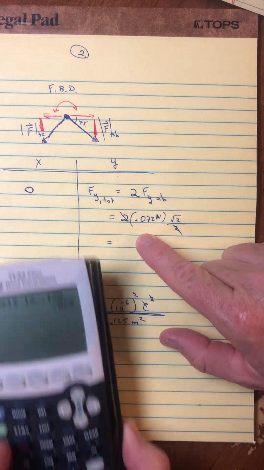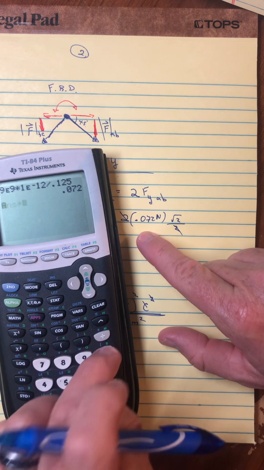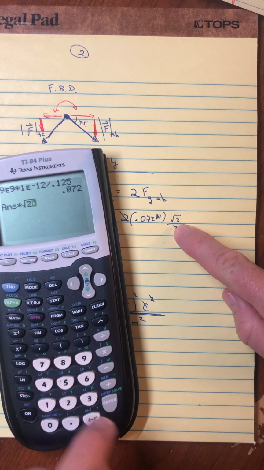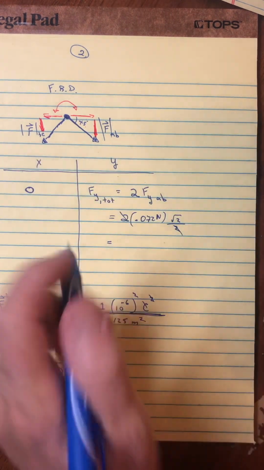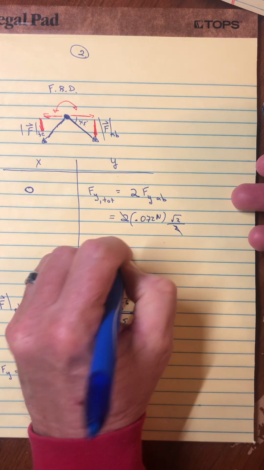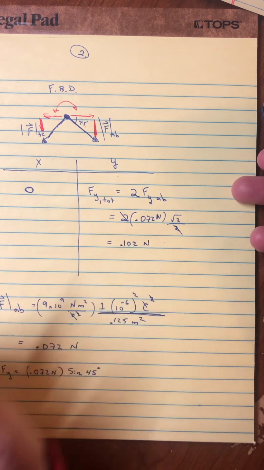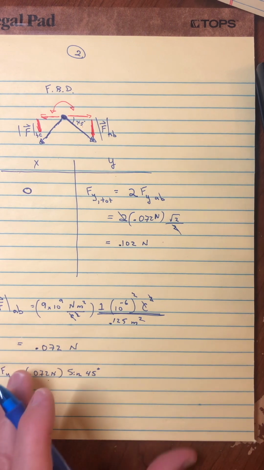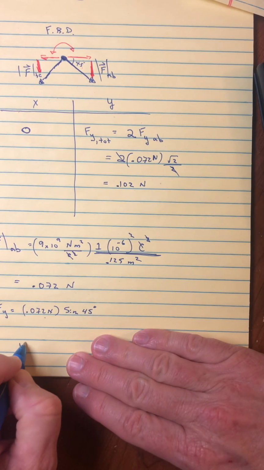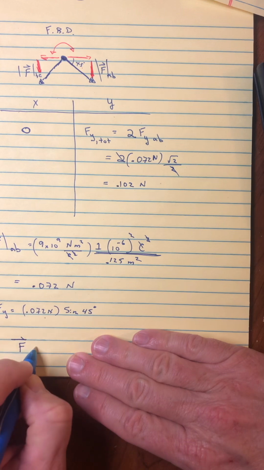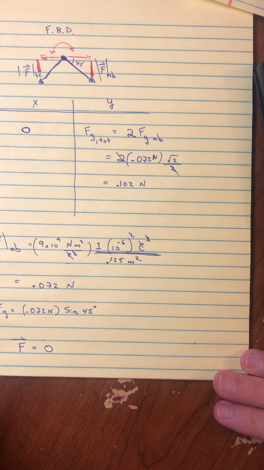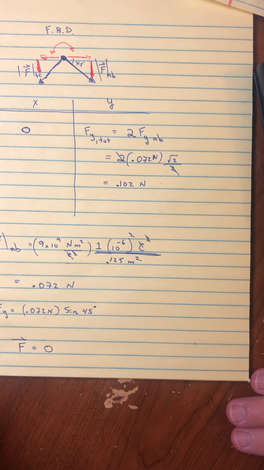And so to finish this, I will just take this magnitude and then multiply it by the square root of 2 and come up with 0.102 newtons. And I guess maybe for a grand finale, then the force on that one would be 0 in the x direction, which probably shouldn't write anything then.